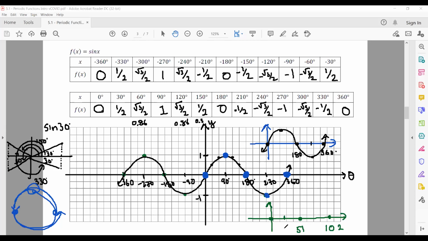So what's half of 51? 25.5. And then from 51, add another 25.5. That's 76.5. I have a minimum. It's as easy as that. Because I know that it has to follow a circular pattern, a wave pattern.